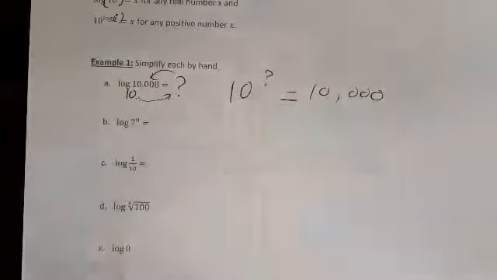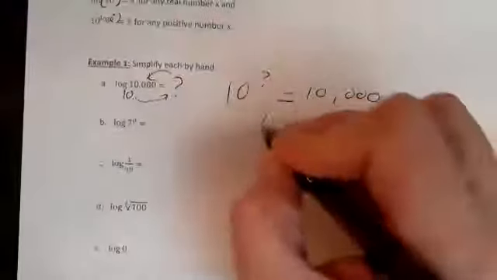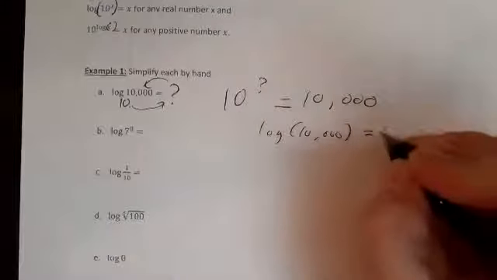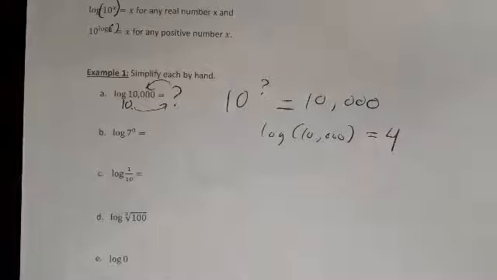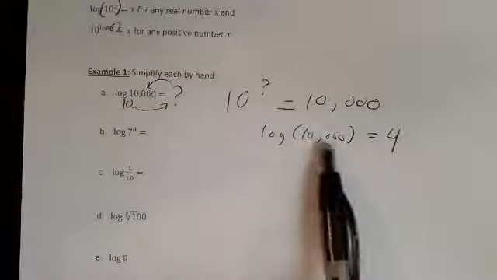If we count the zeros, there are 4 zeros. And so log of 10,000 should be 4. Or another way to say it is 10 to the 4th is going to be 10,000.